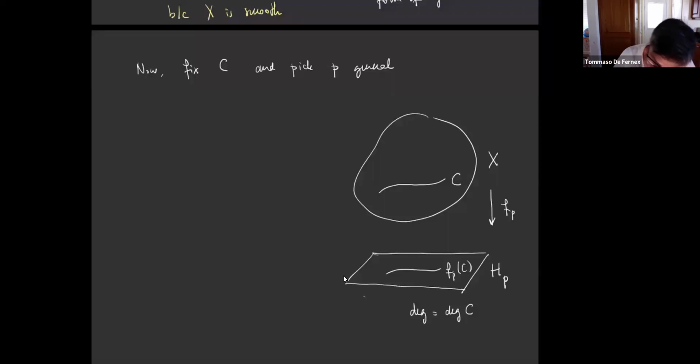Now what I'm going to do is that I have FP of C, and then I take the inverse image of this. So if you like, you take a cone over this projection over the curve of the image of C. When you do that, you're going to get a residual curve of intersection.